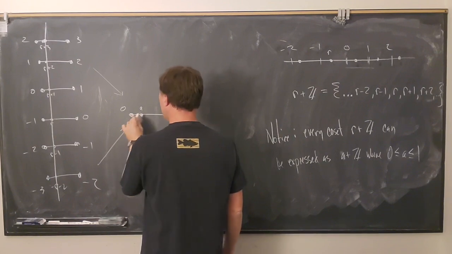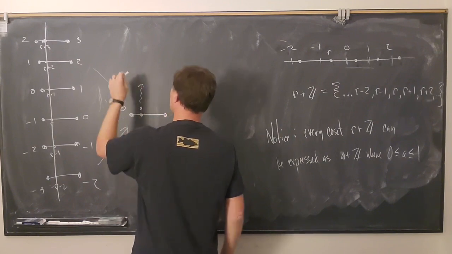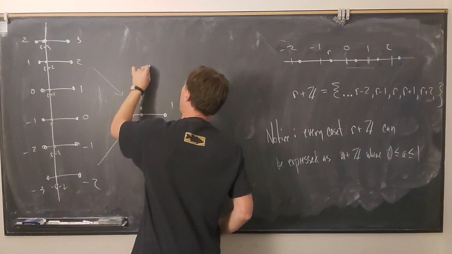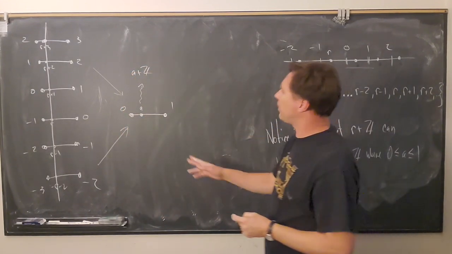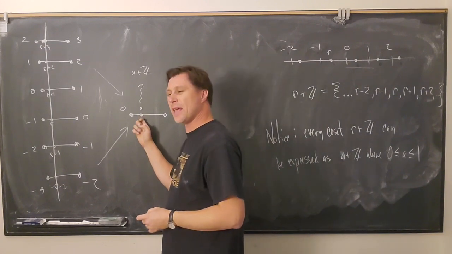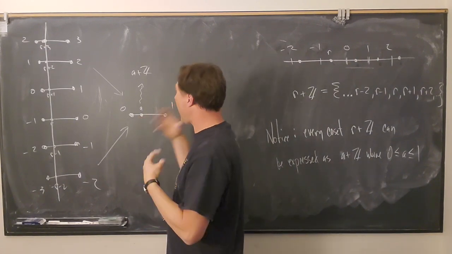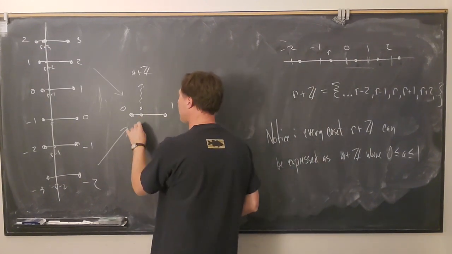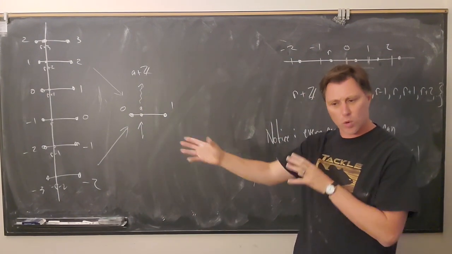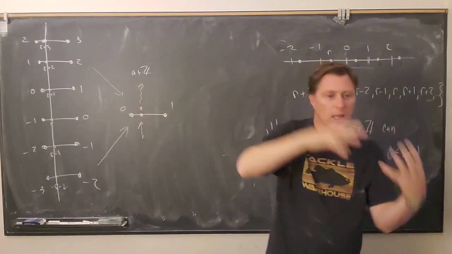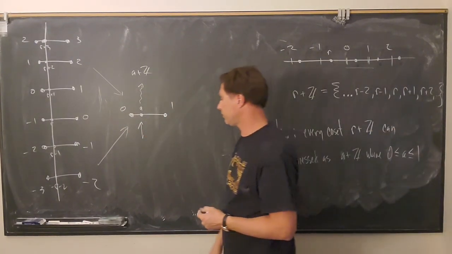And the coset A plus Z, where A lives between 0 and 1, corresponds to this element, little a. Right? Every coset corresponds to an element sitting inside the interval from 0 to 1. So there's this correspondence, coset to elements within the unit interval.